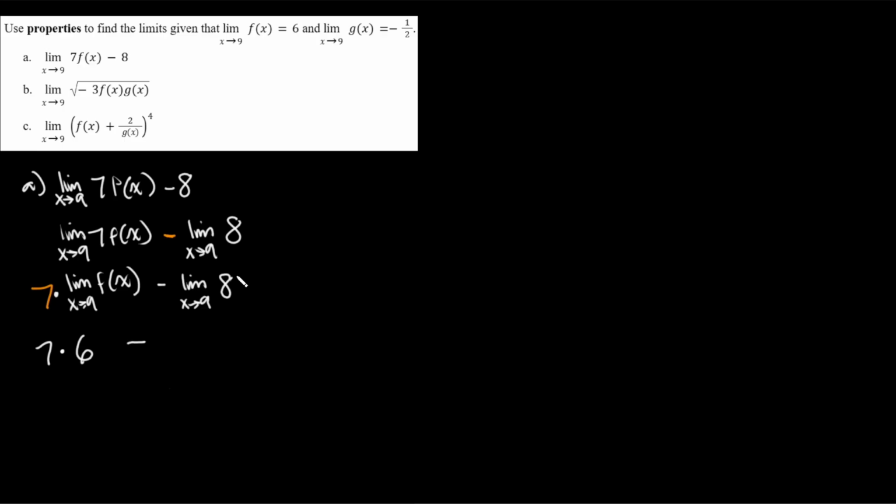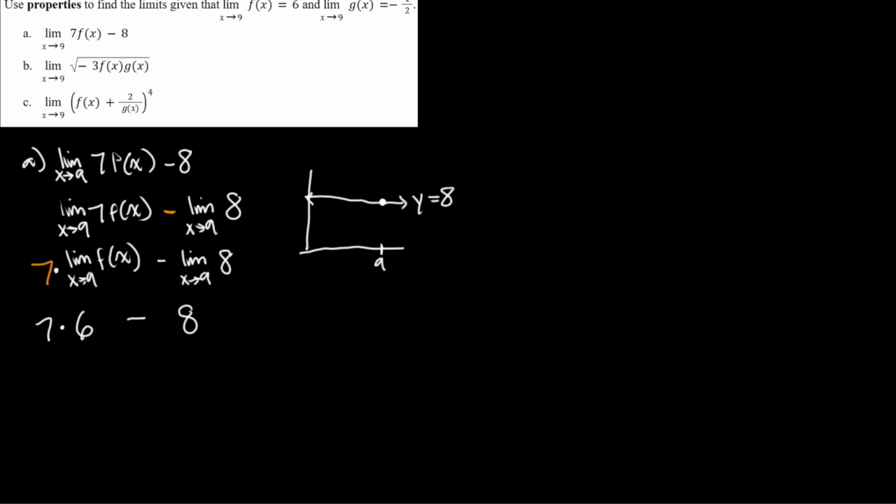This is a little complicated or tricky to think of, but if you want to think of 8 as a function, which is just a straight line, so let's say we had y equals 8, I'll even put the arrows, then if we checked the behavior at x equals 9, then we can see that it's still 8. So this is just 8. And also we can find a pattern to this.